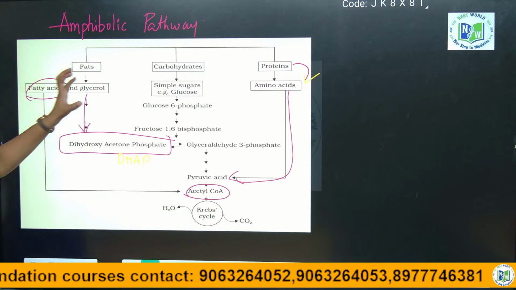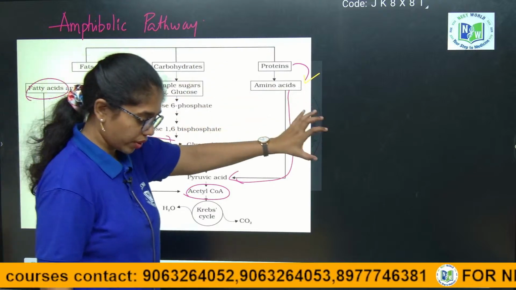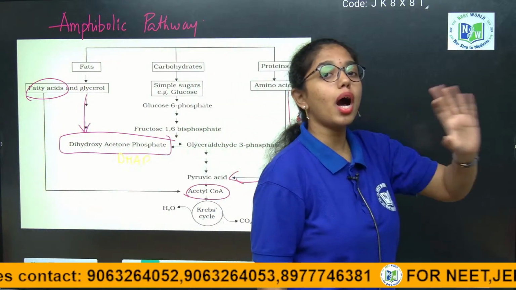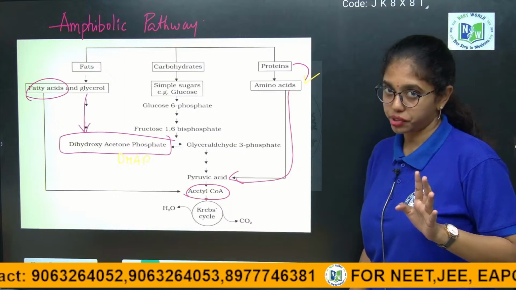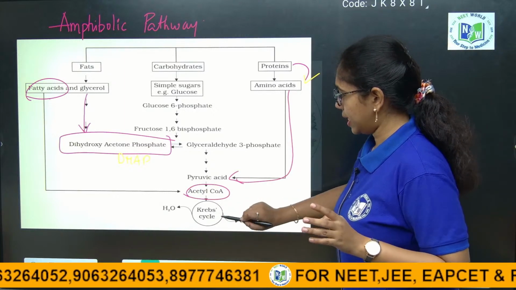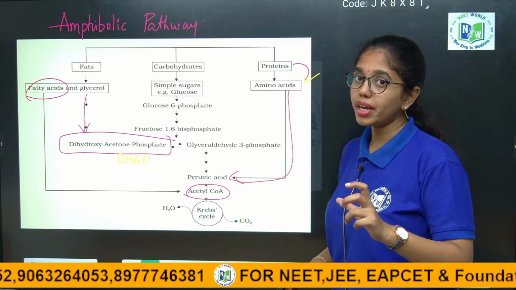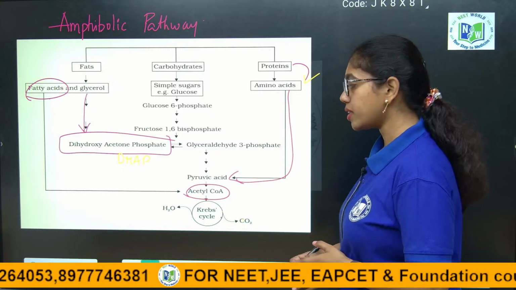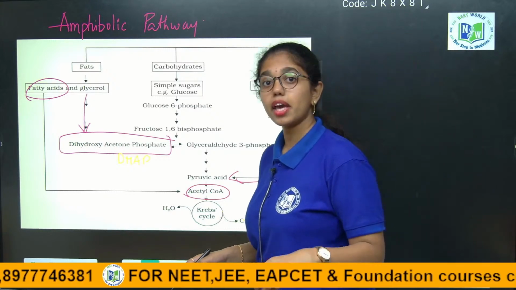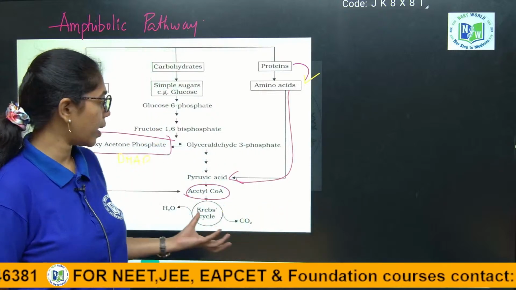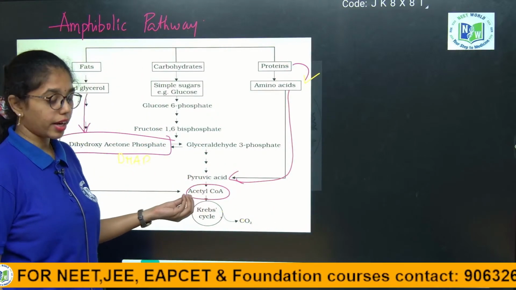So whichever might be the respiratory substrate, the TCA cycle is common for all of them. The TCA cycle or Krebs cycle is common for all the respiratory substrates, be it acetyl CoA or succinyl CoA, or alpha ketoglutarate also.